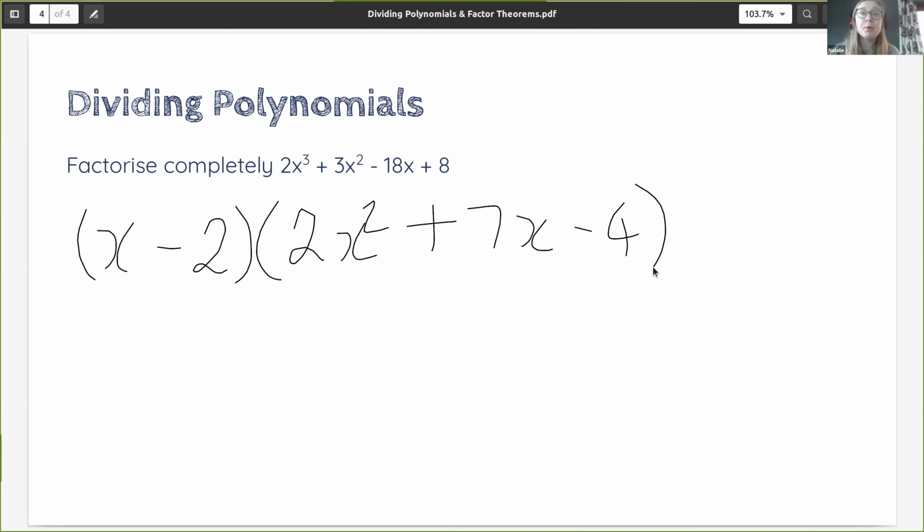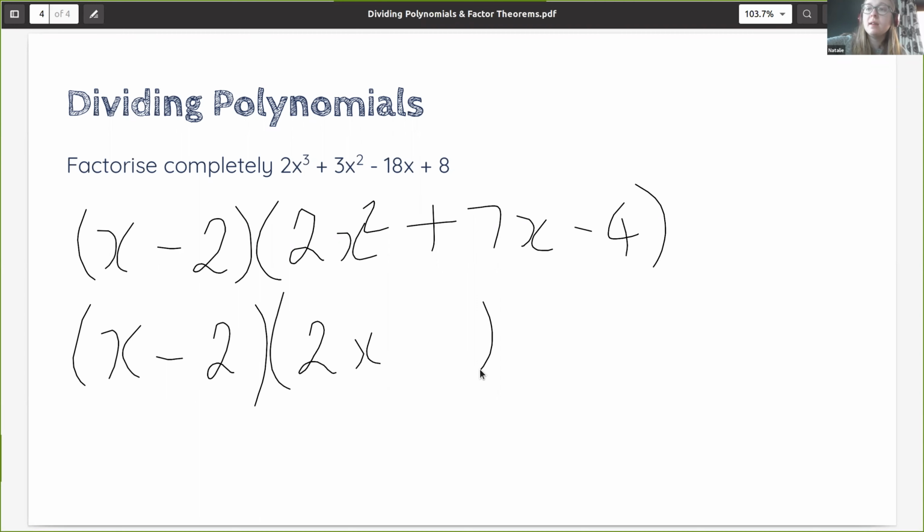And so now I have a quadratic to factorize, which is much nicer, because x minus 2 stays the same, and that's going to become 2x and x. 4 is a nice number at the end because there's only two ways to make 4, 4 and 1 and 2 and 2. If I double the 4 and I minus 1, that will give me the 7. And so that is my polynomial fully factorized.